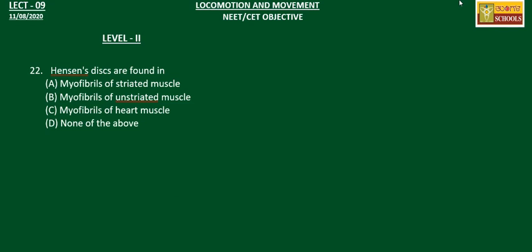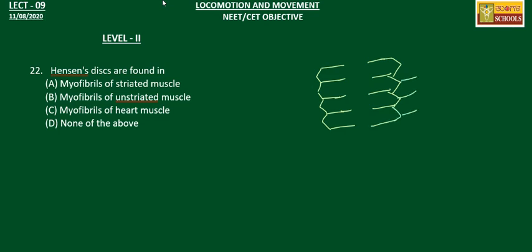So next question, Hansen's disc are found in. So here again we will see the structure. Here we have actin filaments, and between them we have myosin filaments.